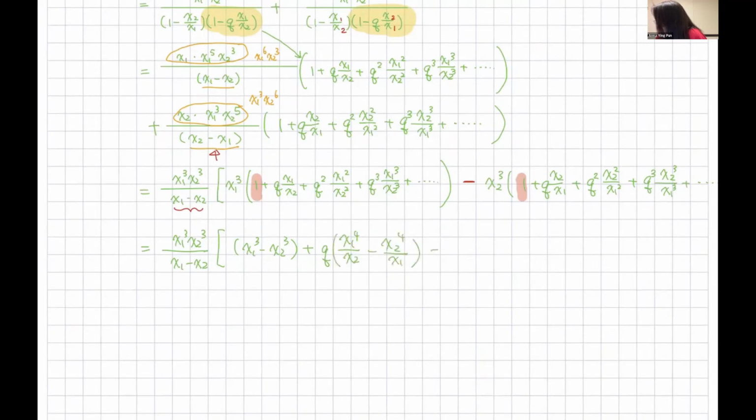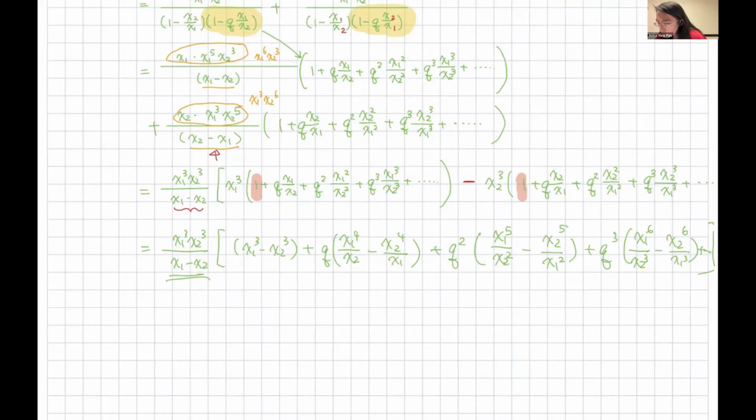For q squared, we have x1 to the fifth over x2 squared minus x2 to the fifth over x1 squared. And one more term, x1 to the 6 over x2 cubed minus x2 to the 6 over x1 cubed, and dot, dot, dot. And then you can see that each term is divisible by x1 minus x2 in some sense.